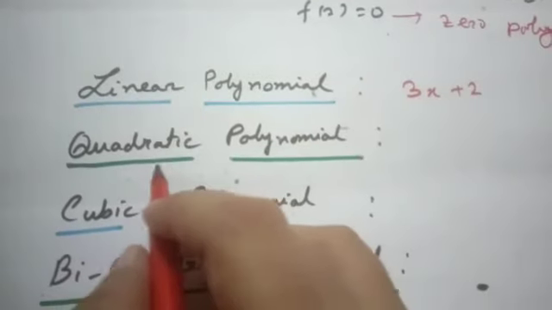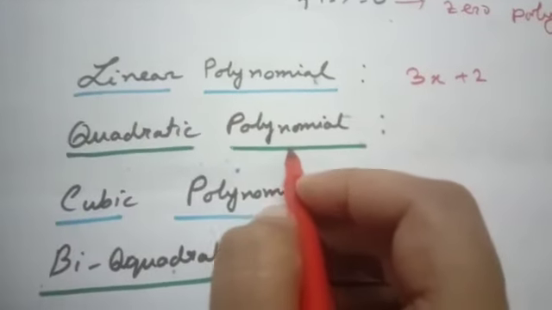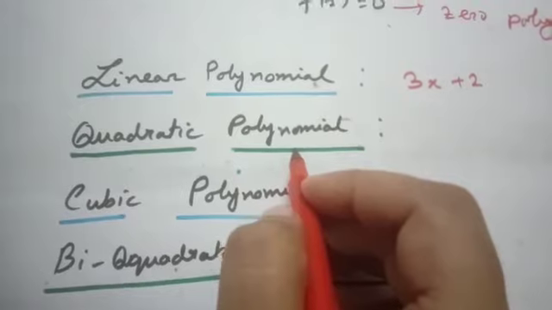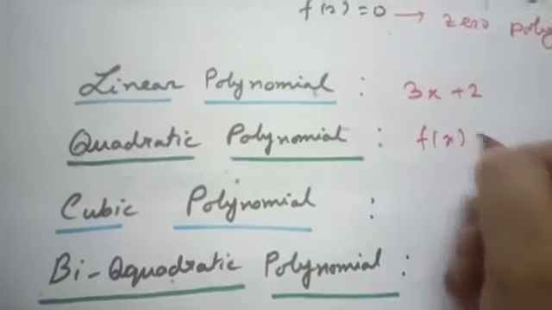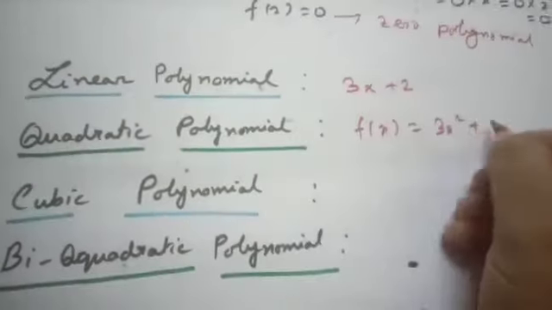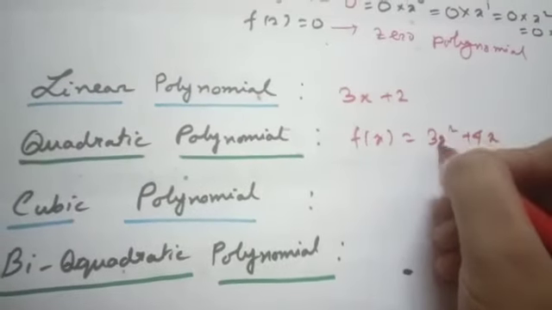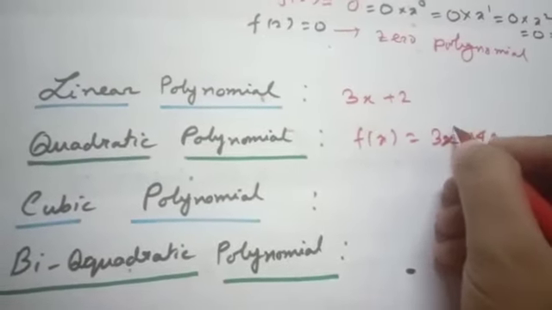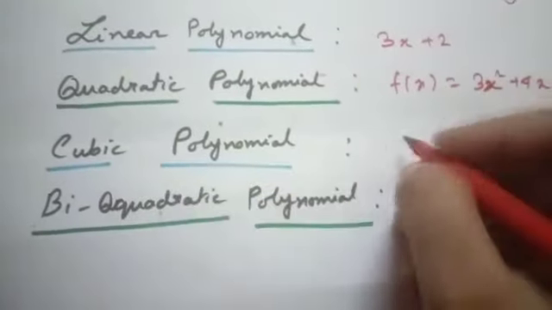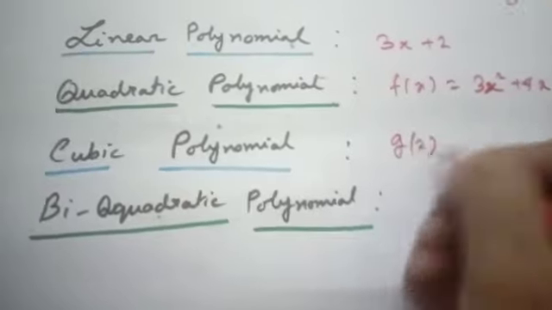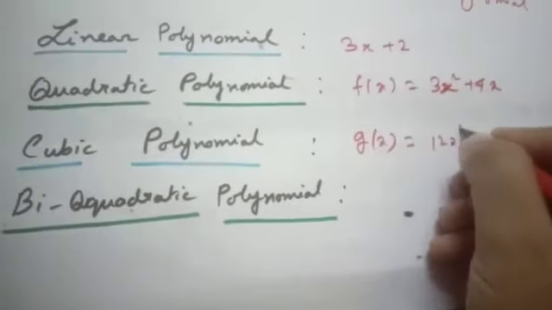Similarly, quadratic polynomial. Quadratic means the degree of the polynomial is 2. So f(x) equals 3x square plus 4x. Here the degree is 2, so it is a quadratic polynomial. Similarly, cubic means degree is 3. Suppose g(x) equals 12x cube plus 9.